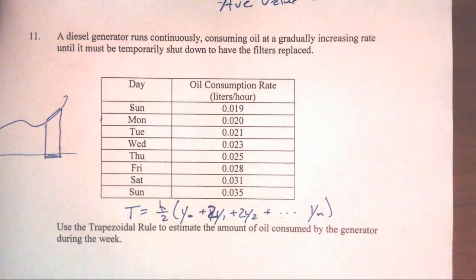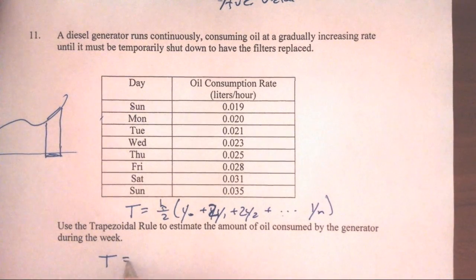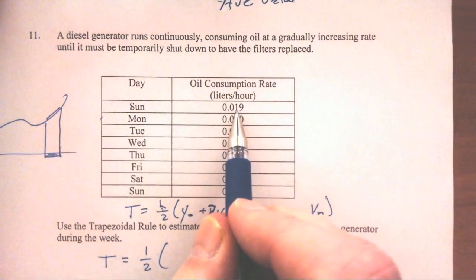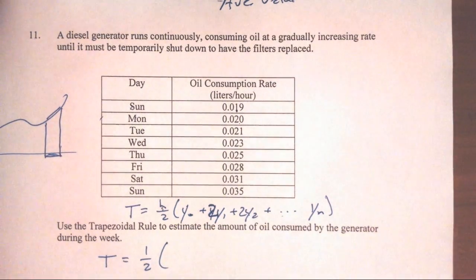We're just 1 day. So our trapezoidal area is 1 divided by 2 times, this would be the left side of our first trapezoid, this would be the right side.